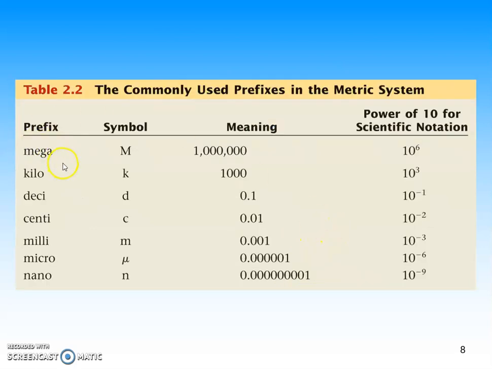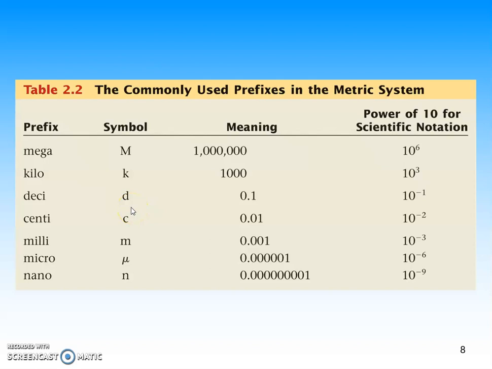Now this is the prefix mega, indicated by capital M, meaning 1,000,000, written in scientific notation as 10 to the power 6. Kilo, represented by a small k, is 1000, in scientific notation 10 to the power 3.